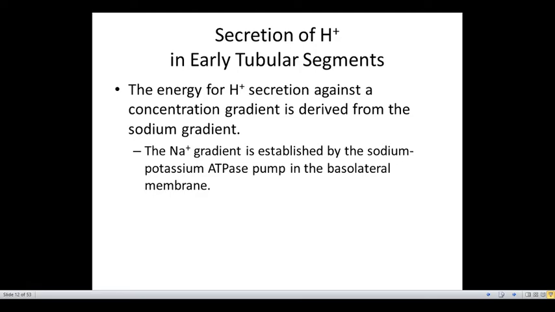The energy for hydrogen ion secretion against a concentration gradient is derived from the sodium gradient. The sodium gradient is established by the sodium-potassium ATPase pump in the basolateral membrane.